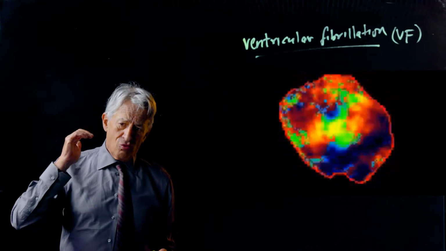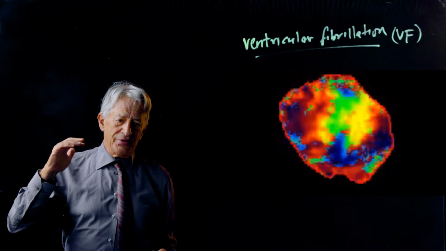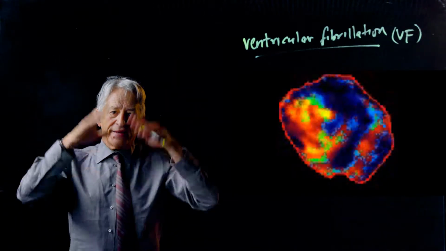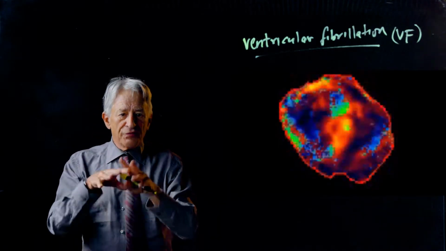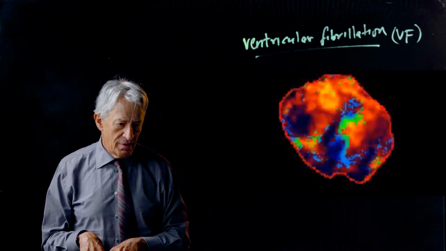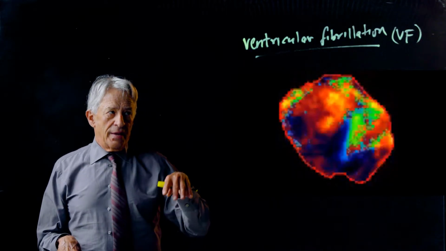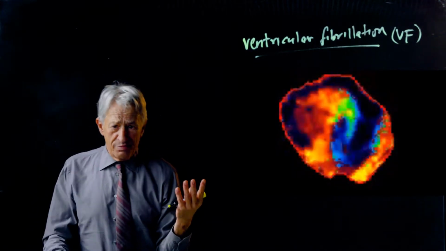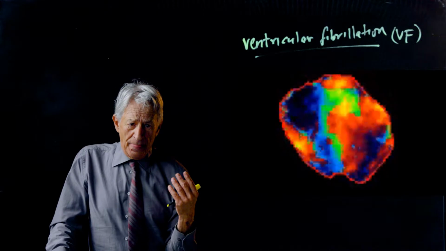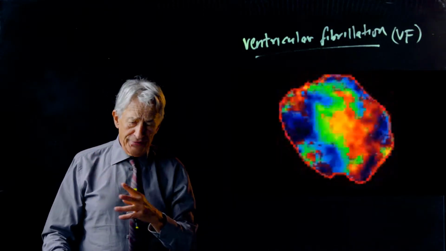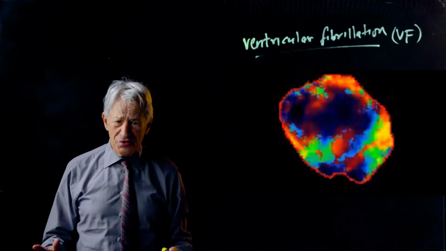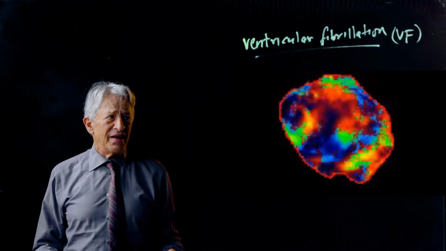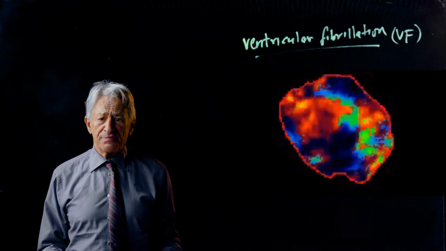And the red is a cell activating, and then it fades back to blue for the cell is resting. And what you see is pretty disorganized. At first, the waves were coming in from the left, and then they weren't, and then they're going in all sorts of directions. And this is what fibrillation is.